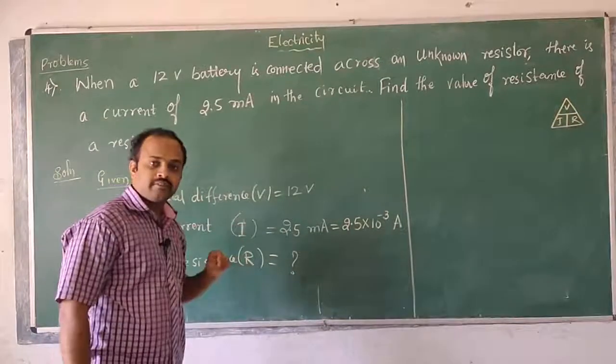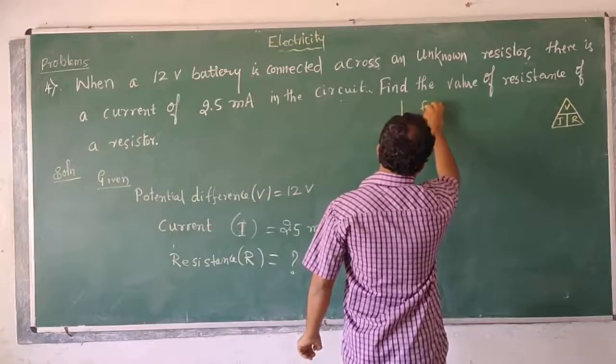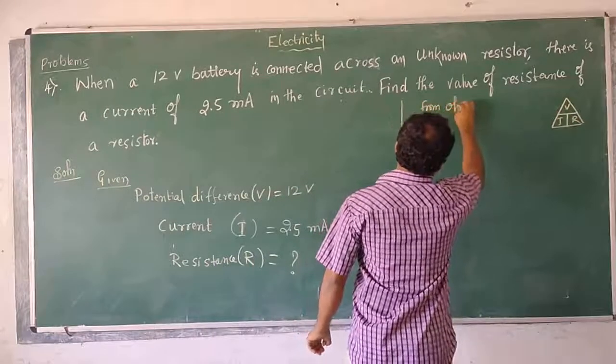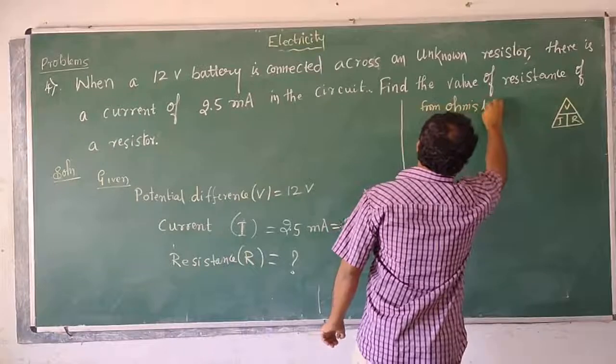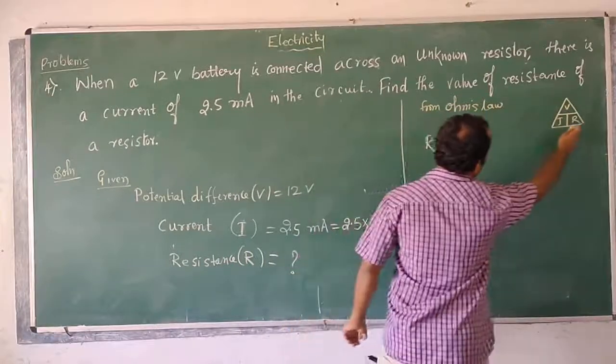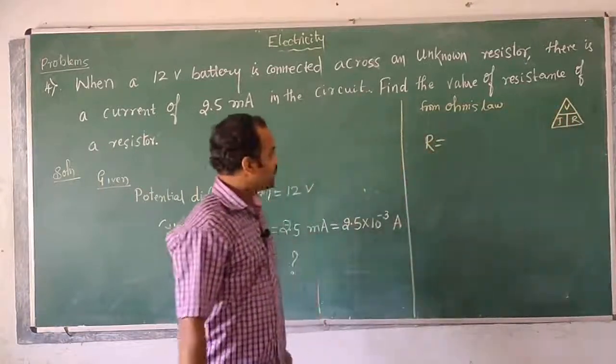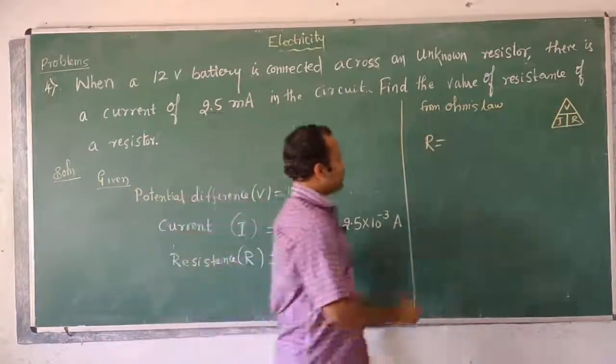What we have to find? We have to find R. So the equation for R from Ohm's law is R is equal to V divided by I.